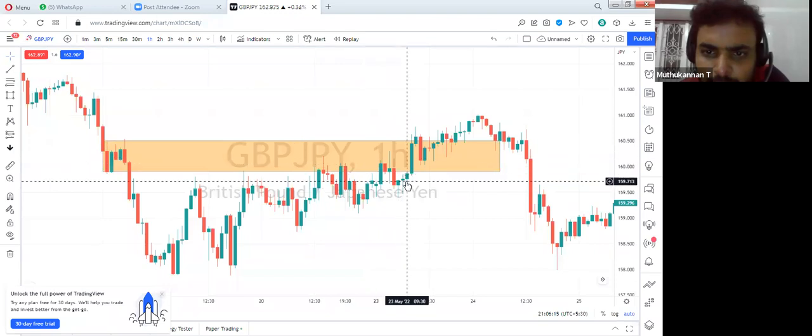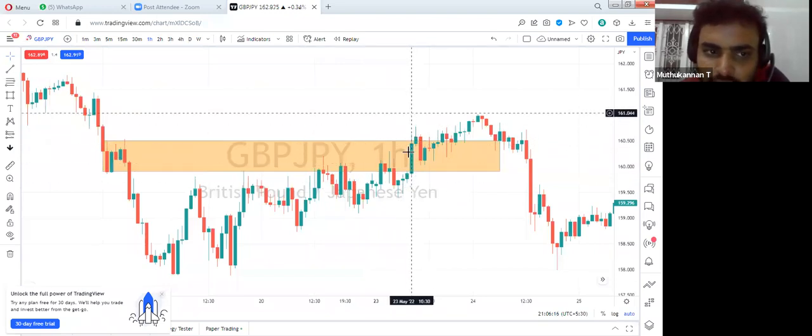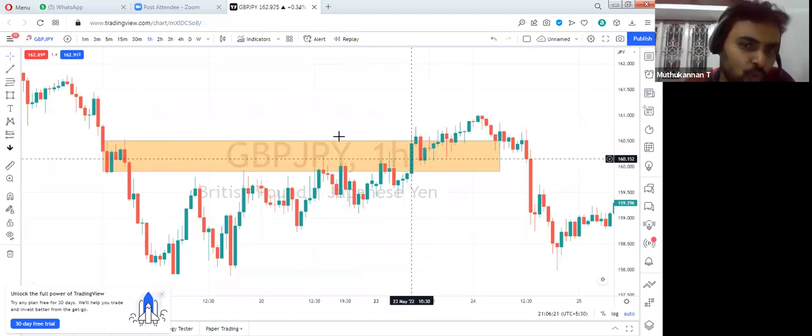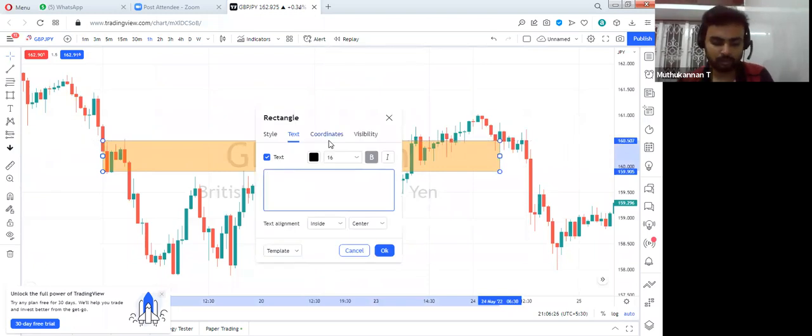And after that, what happened? Price just broke the block. Now it becomes the breaker block or flip zone. Now this is your breaker block or flip zone, right?